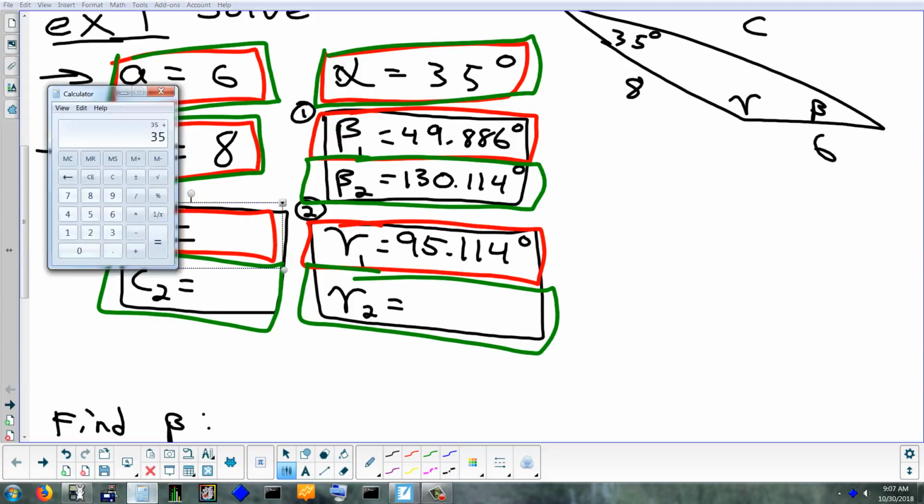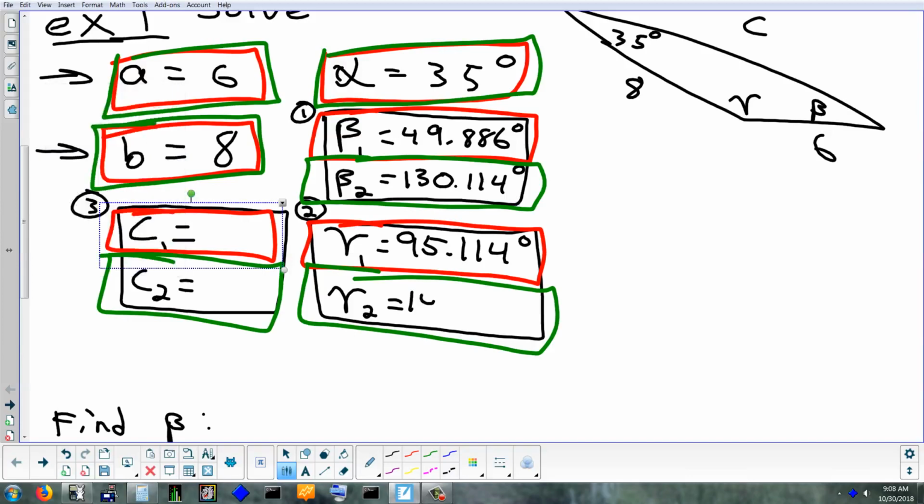So 35 plus 130.114. I get 165.114. And then subtract it from 180. And I get 14.886. Now I've got the angle I need to find C2.